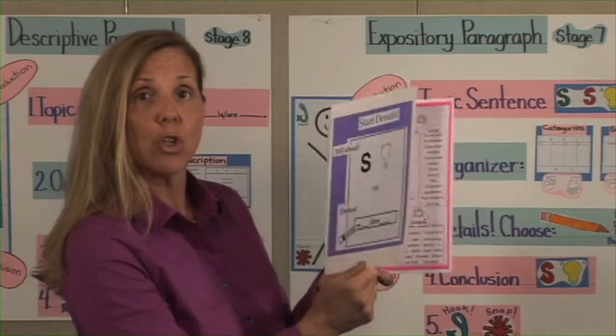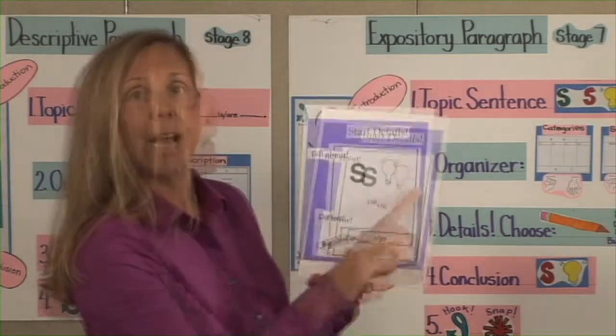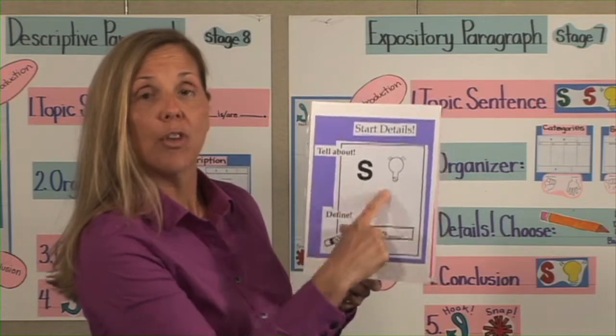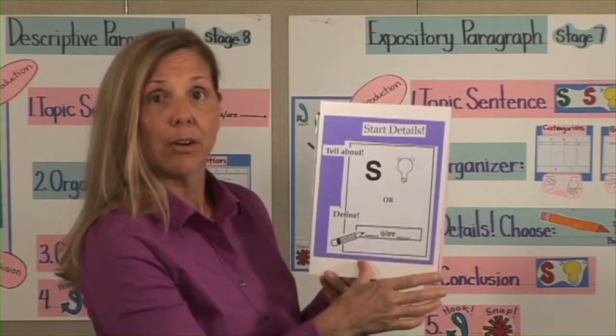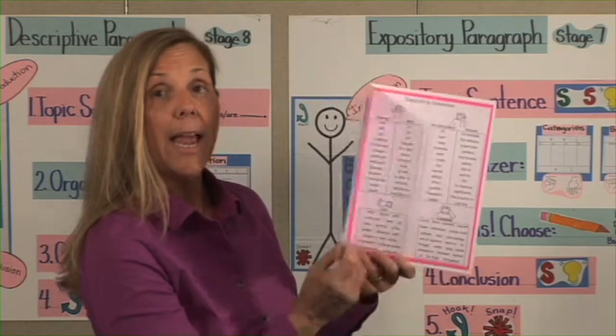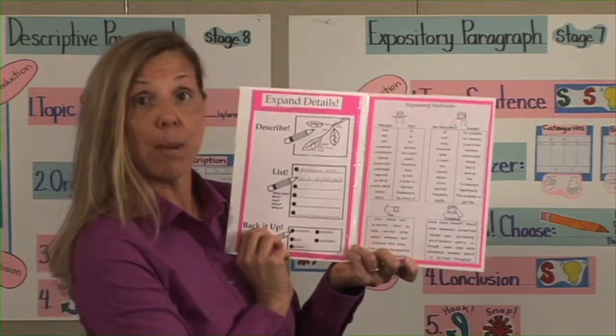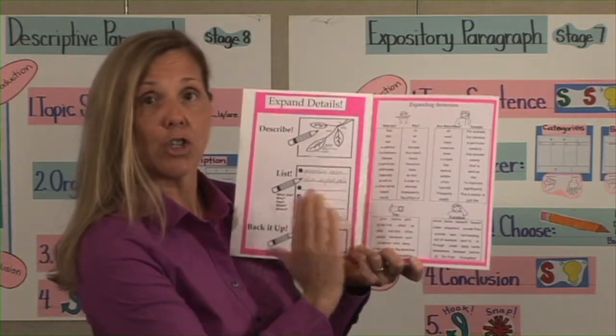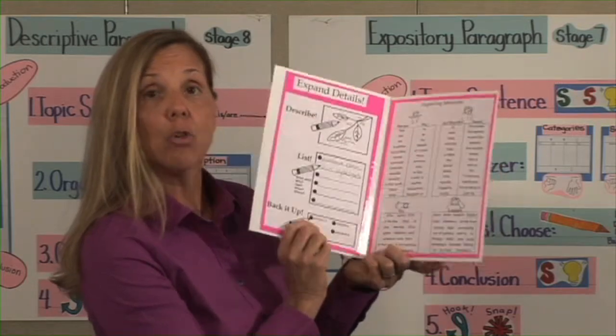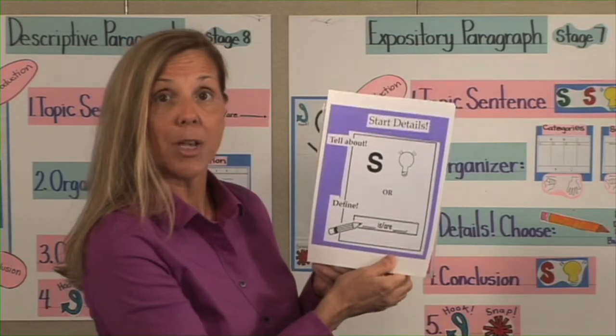This way, when students are learning how to write details, they have a very large visual for them to follow the steps that are on the previous chart I showed, and also to expand their details and seeing a large chart for that as well. Let's go to your manual so you can see these tools up close.